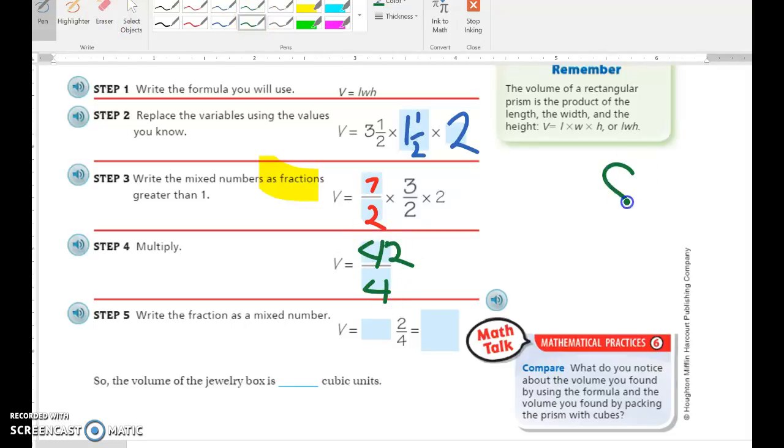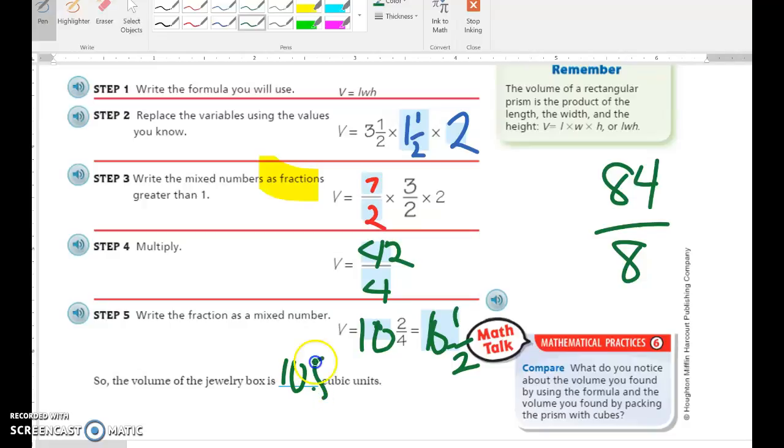And if you guys remember from before, we had the fraction 84 divided by 8. Well, 84 divided by 8 is equivalent to 42 over 4, right? So that's actually 10 groups of 4 plus 2 left over. So that's 10.5 cubic units.